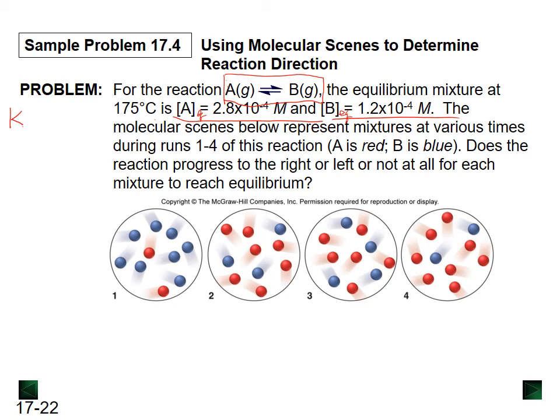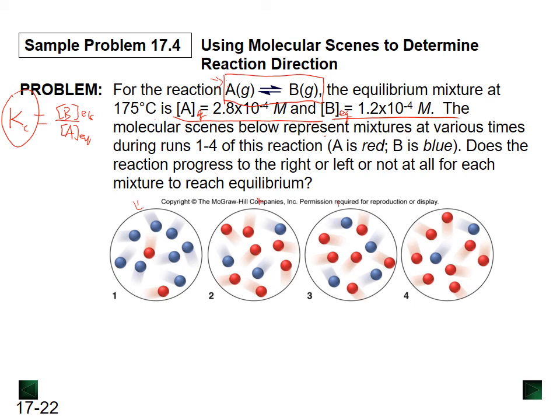The equilibrium constant here is the product concentration at equilibrium divided by the reactant concentration at equilibrium. So this information allows us to calculate the equilibrium constant for this reaction. And the question is, in each scene, does the reaction go forward or reverse?